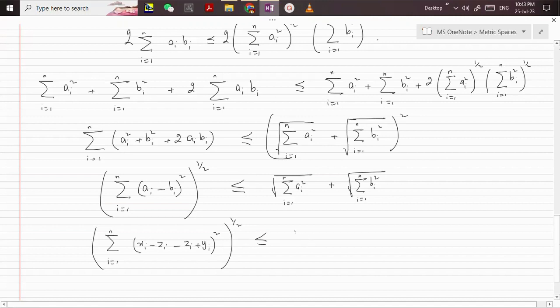So that's equal to summation i from 1 to n, what is ai? Xi minus zi whole square plus root of summation i from 1 to n zi minus yi whole square.